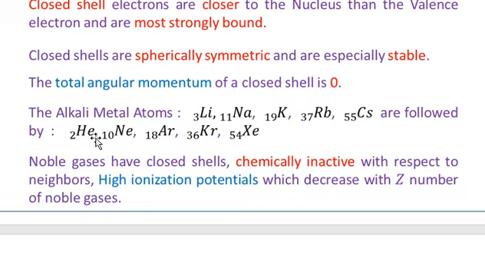Neon has a relatively lower ionization potential, argon even lower, krypton even lower, and xenon has the lowest ionization potential among these five noble gas elements.